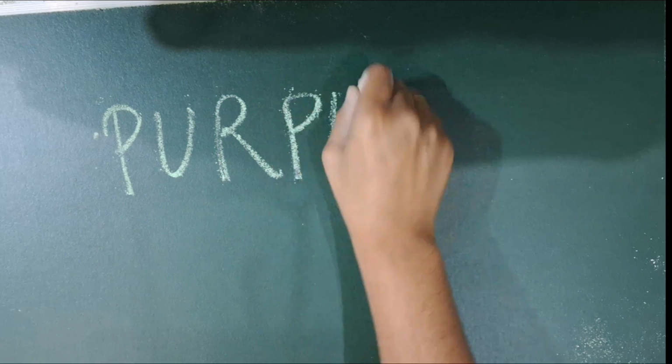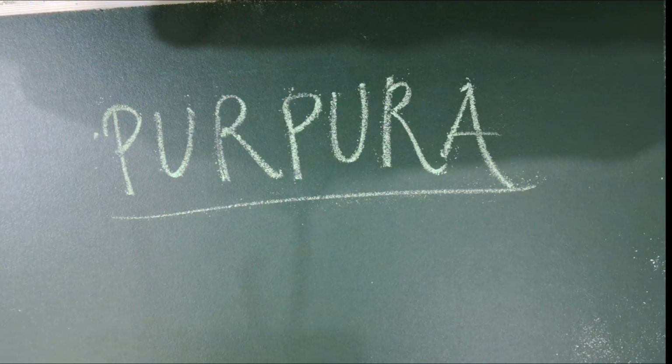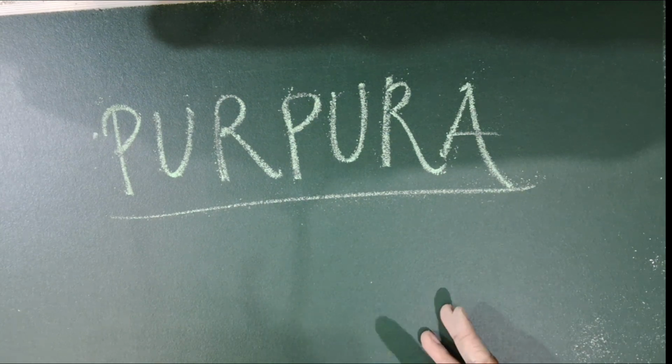Next is purpura. Purpura is seen in patients with blood disorders, especially patients with very low platelets.